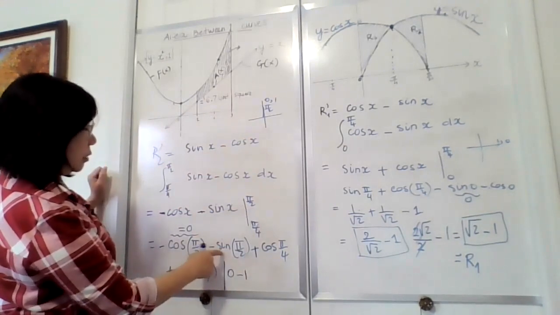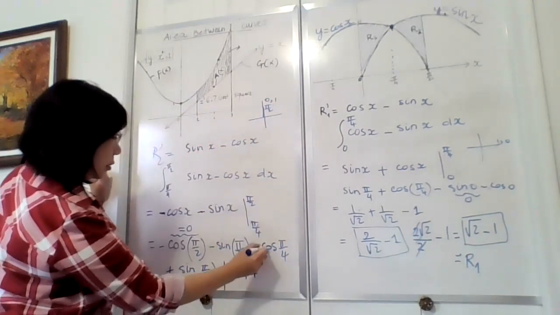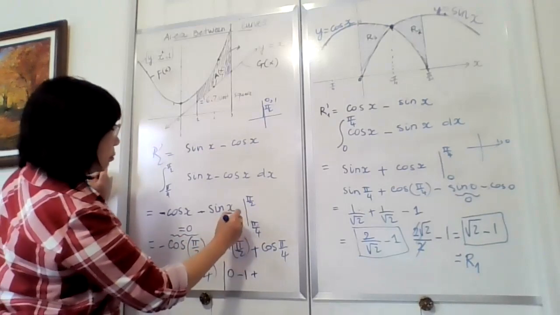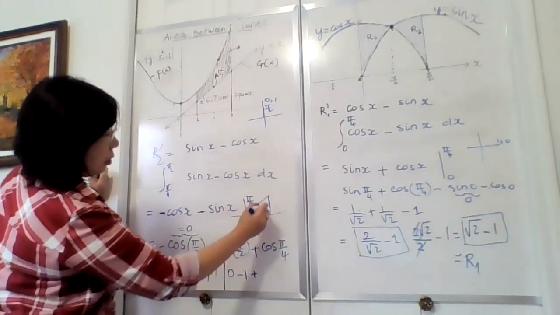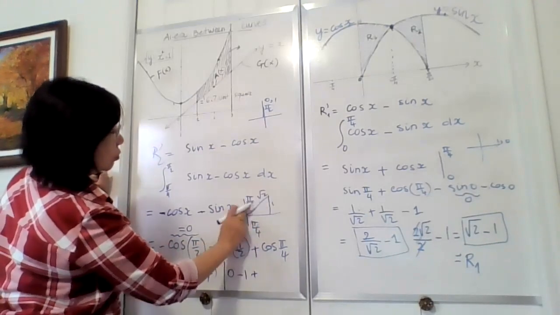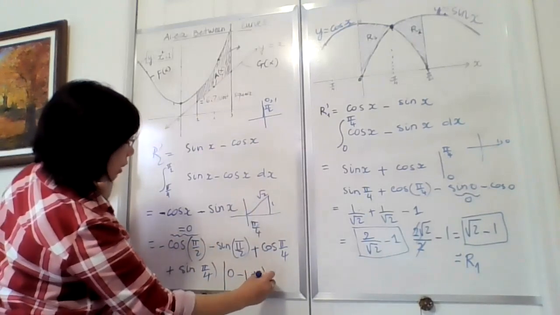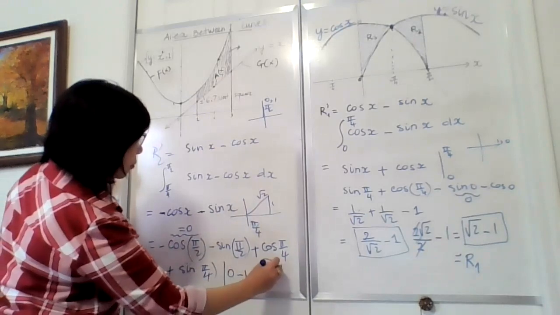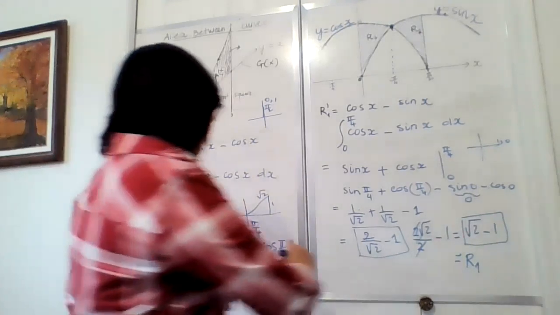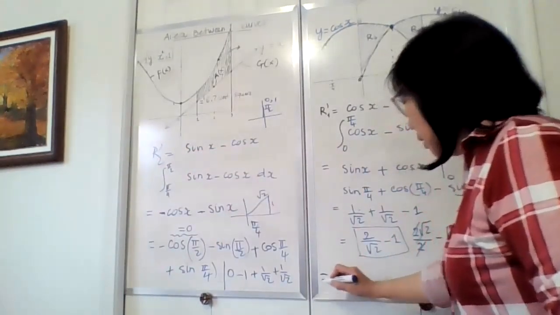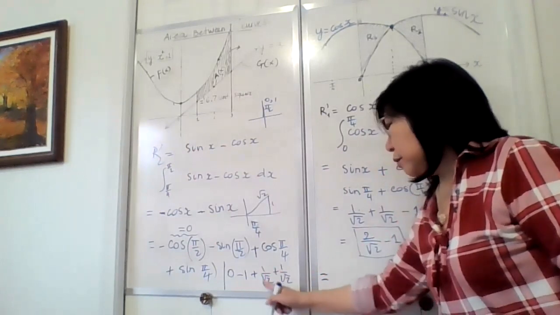Adding cos of pi over 4, which of course is 1 over square root 2, plus 1 over square root 2. So now we're going to continue to calculate this. It turned out we have the same value.